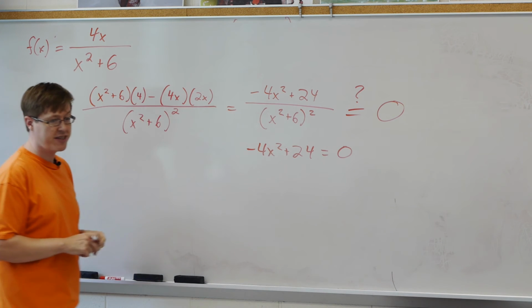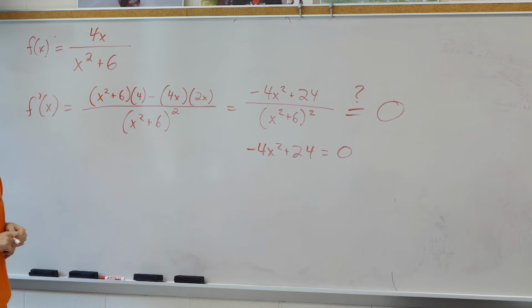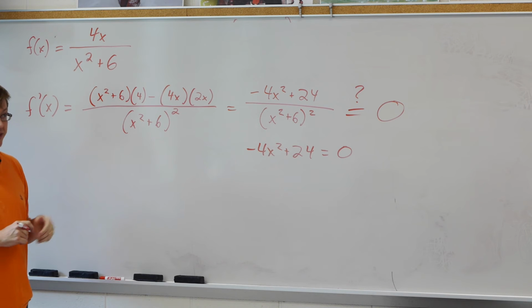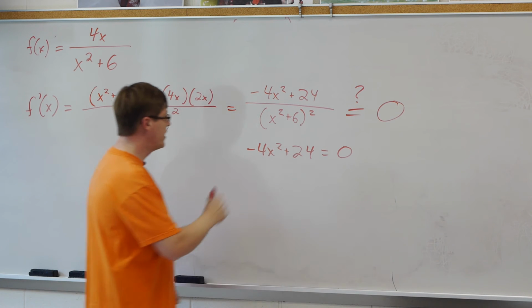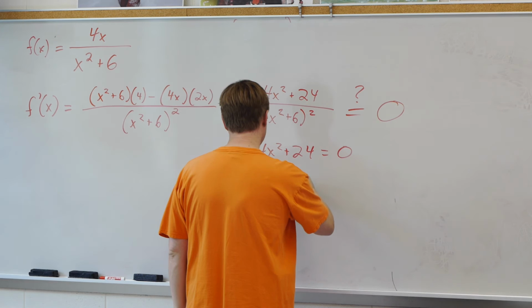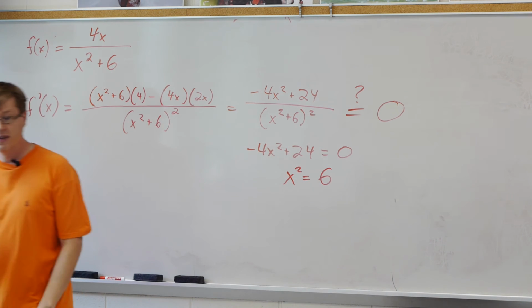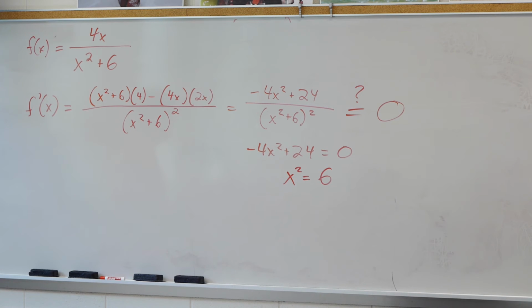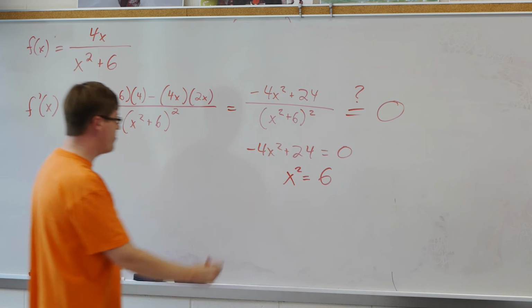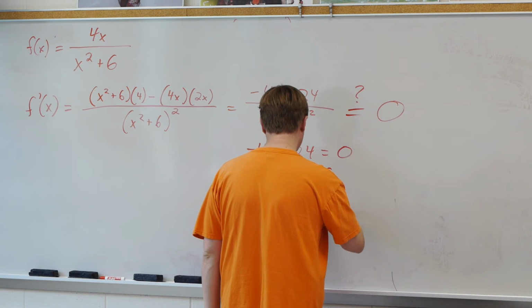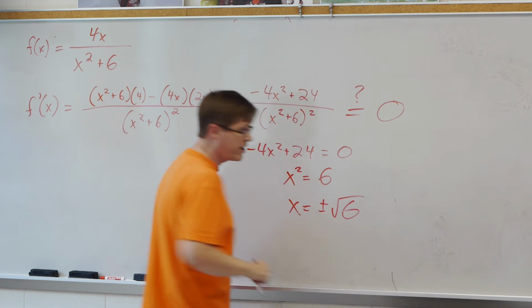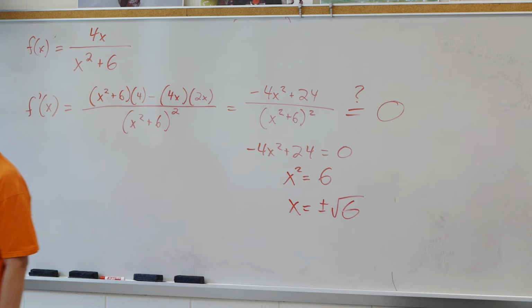Exactly. And that's a really common trick with these kinds of derivatives. And now this is easy to solve. X squared ends up being 6, so x is, just like in the warm-up, 2 answers, plus or minus root 6.